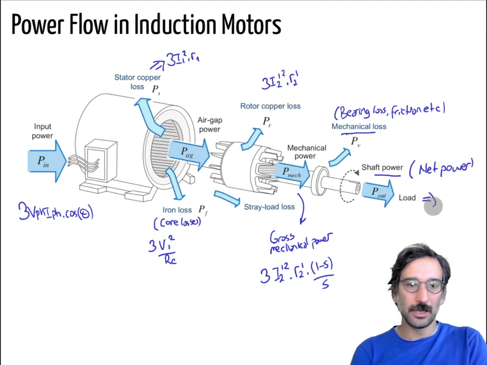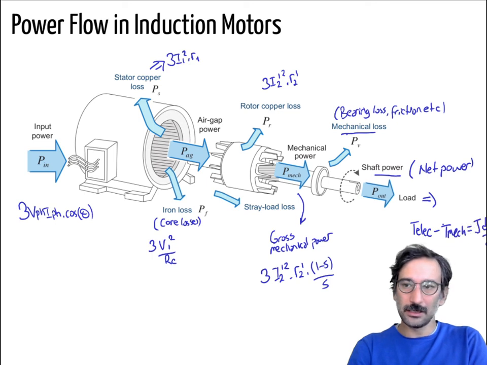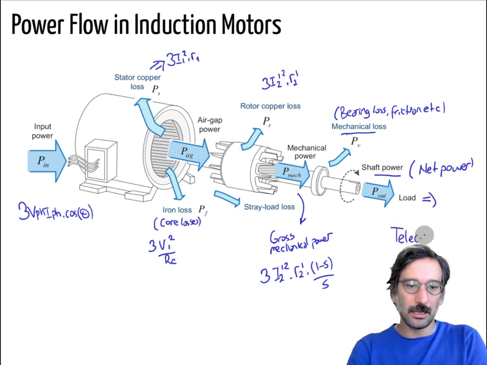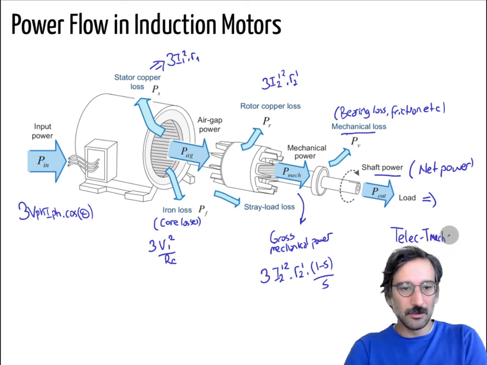So from here you can have T net, and if there's a load connected here, this is the electromechanical torque, and maybe there's some mechanical load as well, let's say you are lifting some load with a crane.